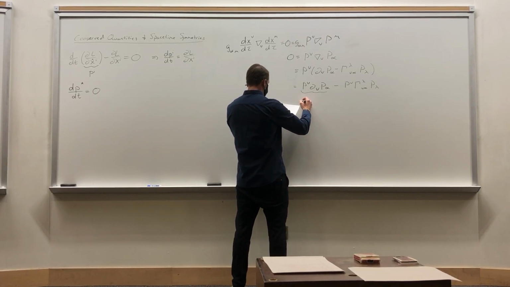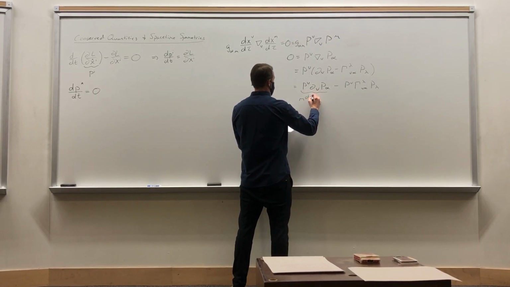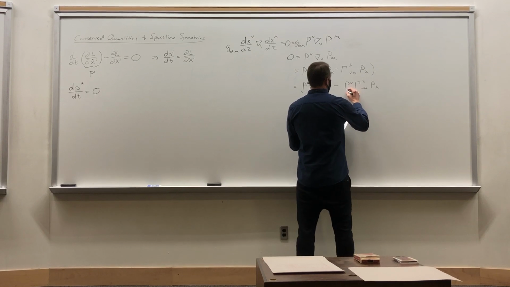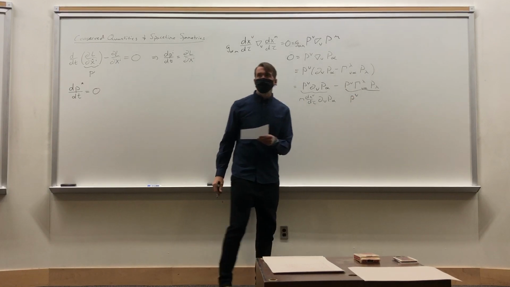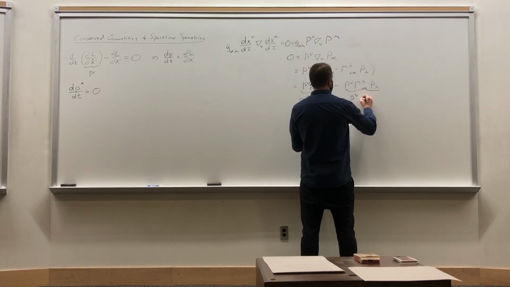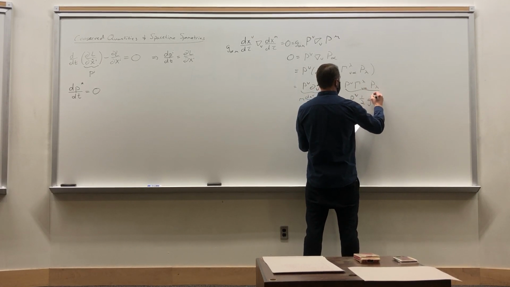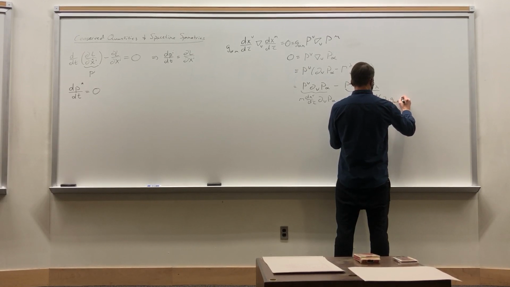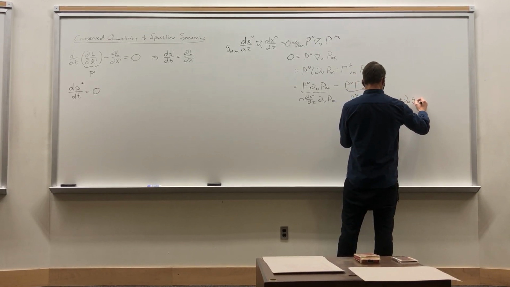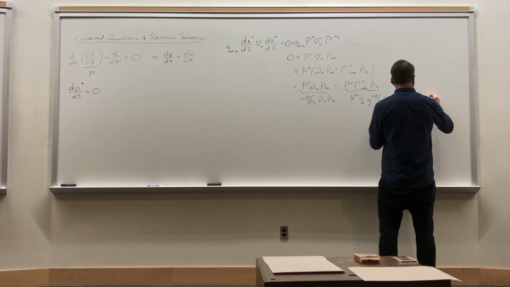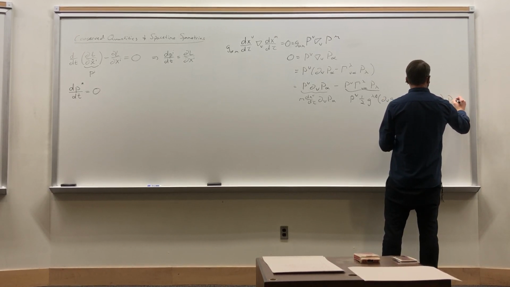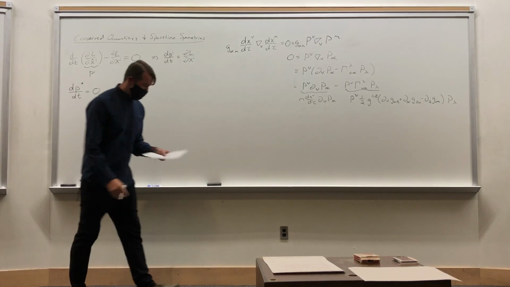So this I can write as m dx^ν/dτ ∂_ν p_α. And this I can write as p^ν, and then I'm just going to put in our final expression for the Christoffel coefficient. Remember, the Christoffel coefficient is given by g^λβ times a bunch of derivatives of the metric, times that guy.